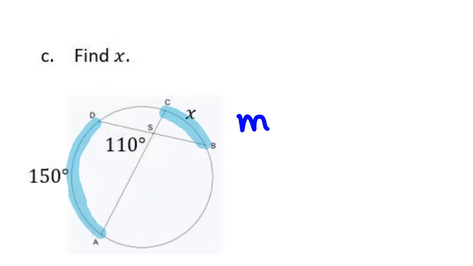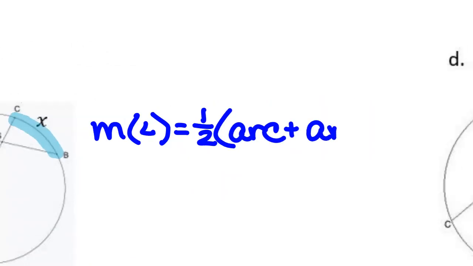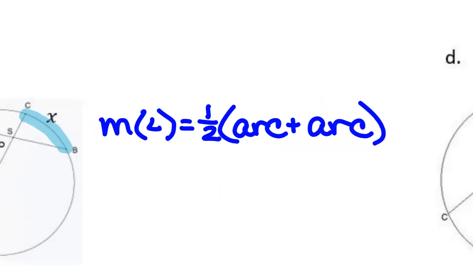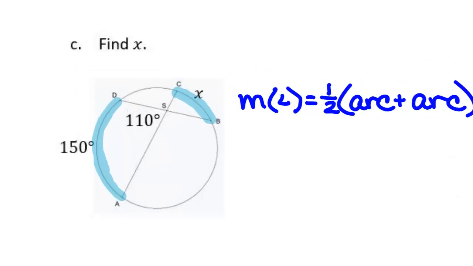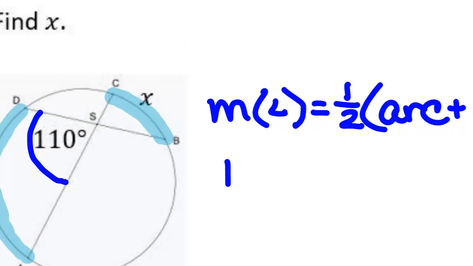I know the measurement of the angle is equal to 1/2 times arc plus arc. Do we have a size for the angle? Yes, how big is the angle? 110 degrees.